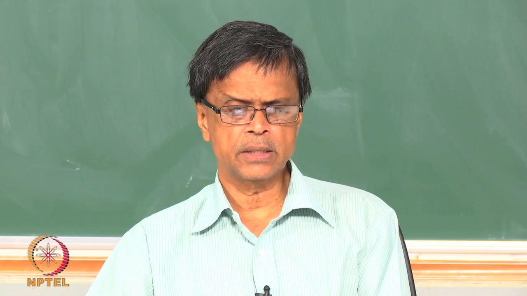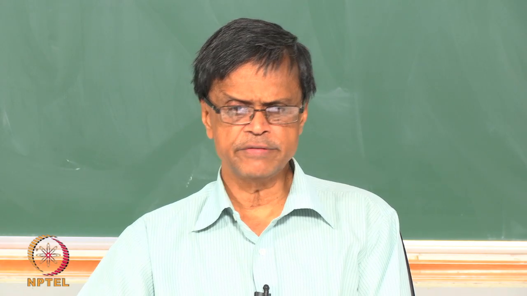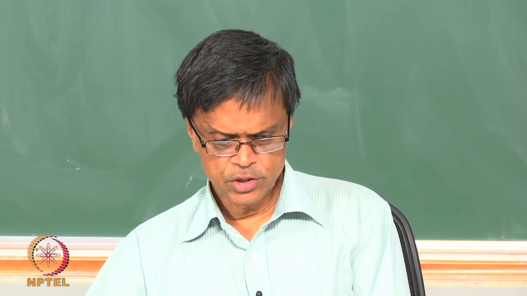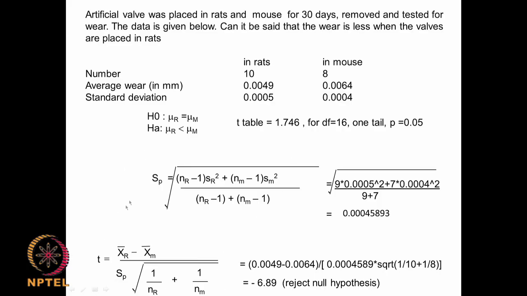You can use simple Excel and do all these calculations. All you need to know is these set of equations here. You can use the t test function that is available in Excel, where you have the raw data for one set of samples and another raw data for another set of samples.